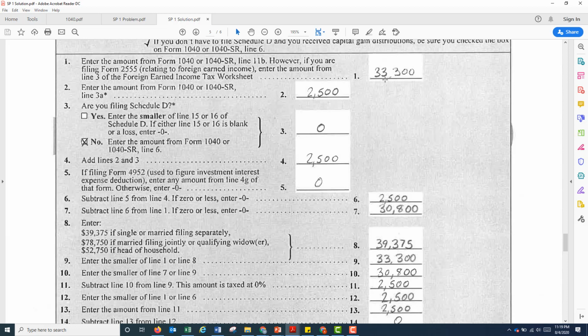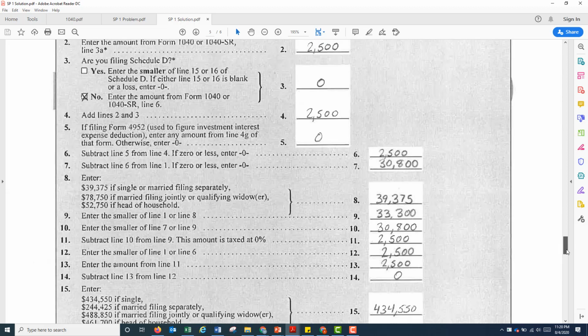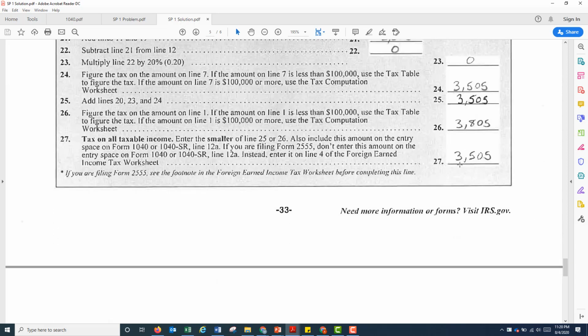But we have to exclude the qualified dividends because qualified dividends is subject to a different tax rate. It's subject to the capital gains rate. So we exclude that, $2,500, and we get $30,800. We look up the tax on $30,800, and that tax amount comes out to $3,505, and that's what we report in line 27.